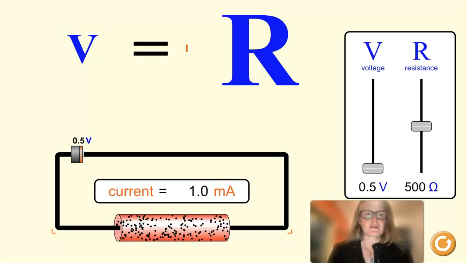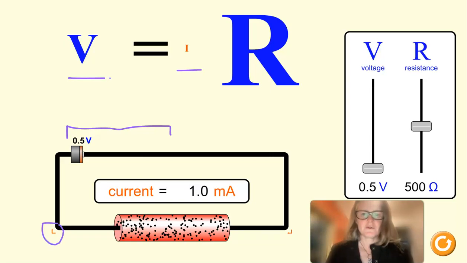Did you notice that the V here got smaller? And the I got smaller as well. Also, look what happened to our batteries. They got smaller. And the little arrows showing the current going around the circuit, they got smaller as well.